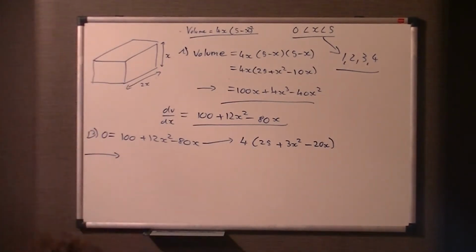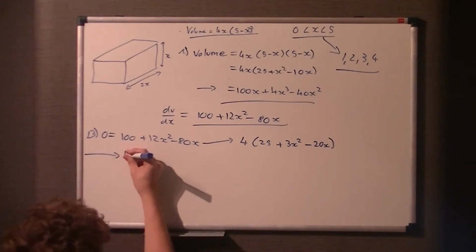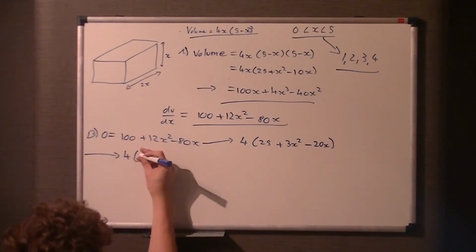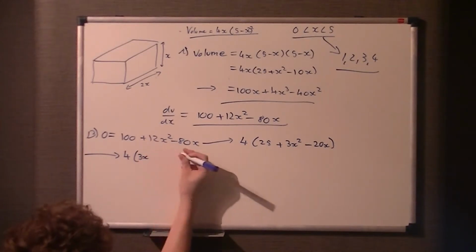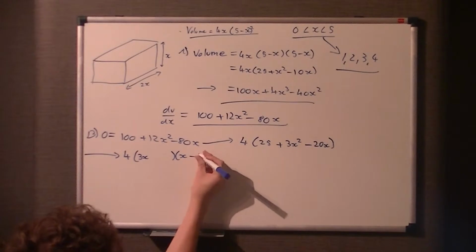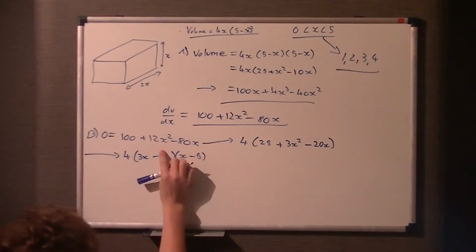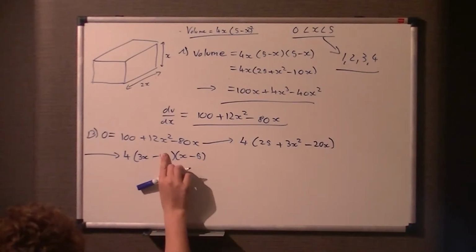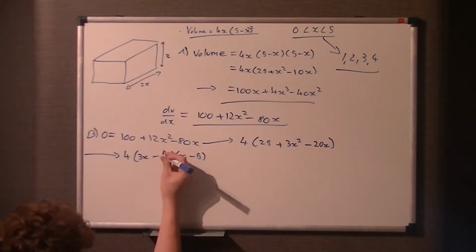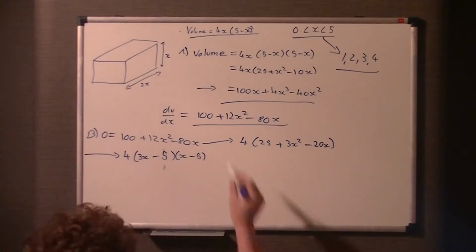So 4, and we could have 3x, and in brackets we could have x minus 5, and minus 5. If you don't believe me, you can see for yourself by expanding these brackets, times it by 4, it should get you this equation up here.